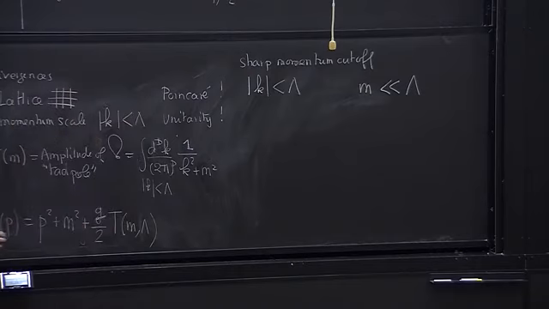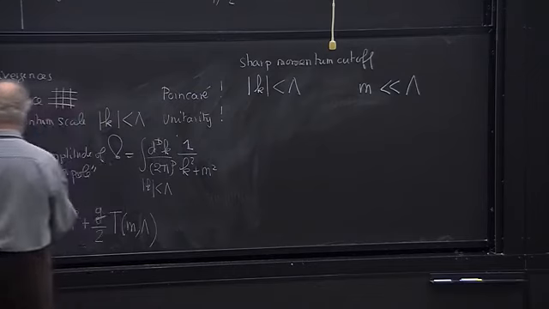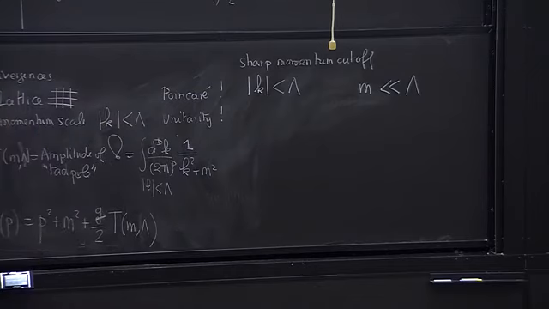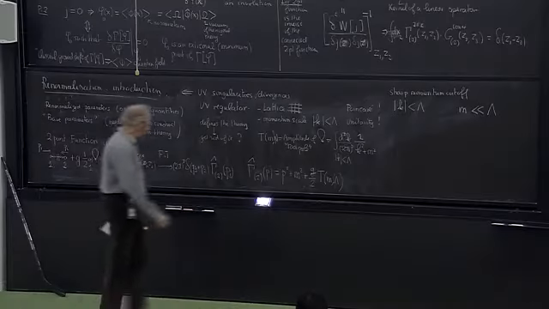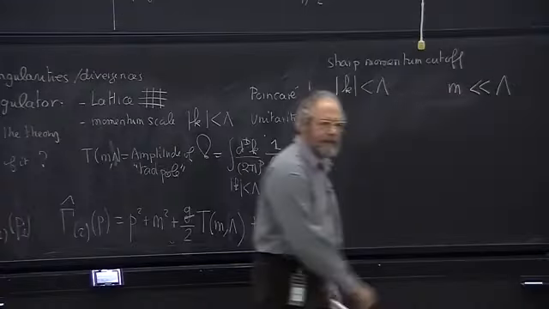So for the moment, think of it as a function of m and of Λ. We are going to discuss it tomorrow. And then we get terms of order g squared.